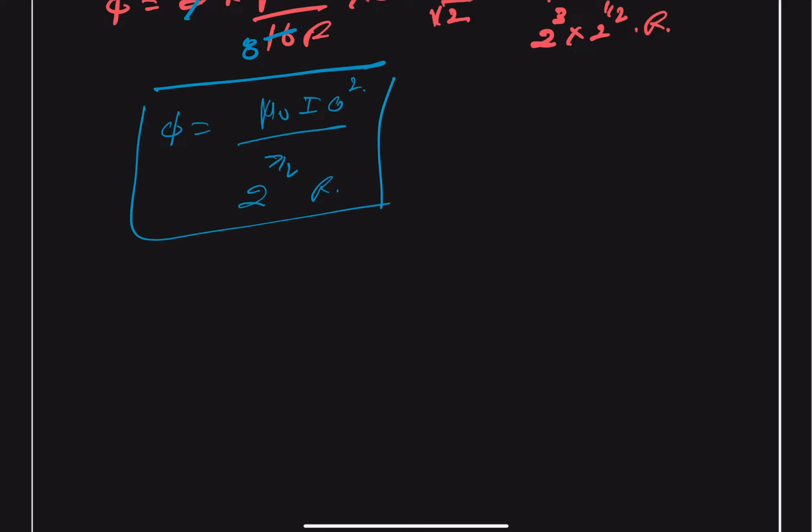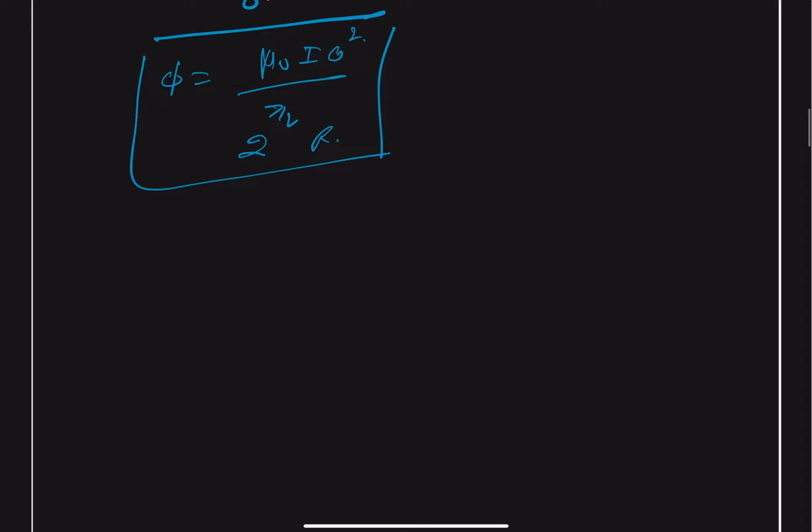So this is the flux associated between the square loop as well as the circular loop. Now we can find out the mutual inductance.